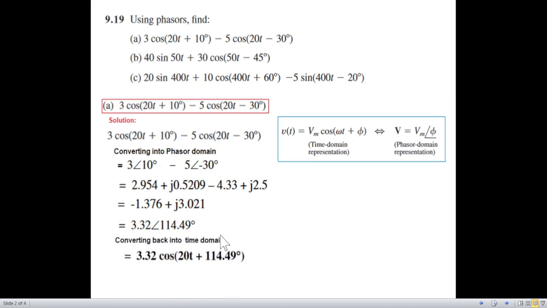And so converting back into time domain will be this magnitude cosine of 20t. 20t is the value given here in the signal. So we'll write 20t and this angle 114.49. So this is part A. And we can write the final answer, question equal to this answer.